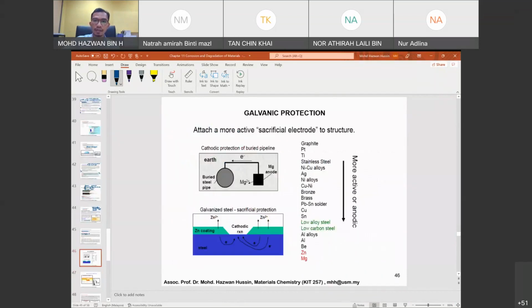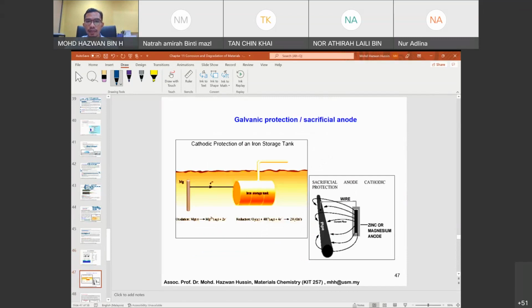Alright, so to know the galvanic protection, you look at the electrochemical series, or the alloy series. From there, you know which metal you should pair to become anode or cathode. As I mentioned, normal cathodic protection is for a small area, a smaller area that a sacrificial anode can cover.